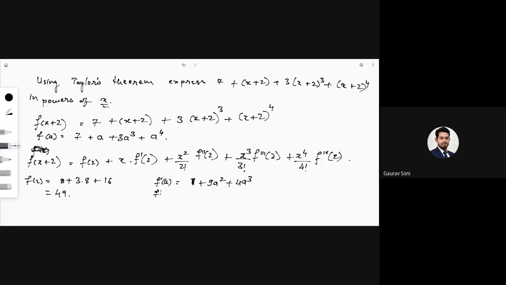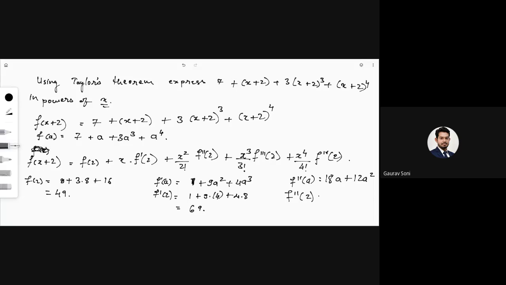So f dash of 2 will be equal to 1 plus 9 into 4 plus 4 into 8, so the sum is equal to 69. f double dash of a is equal to 18a plus 12a square.